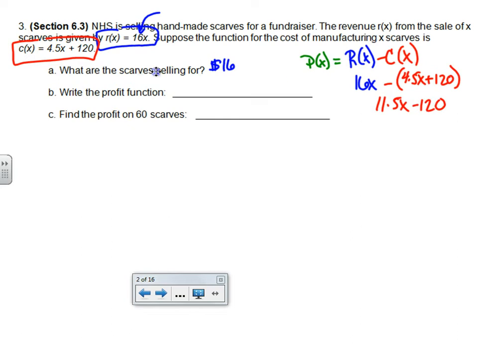So my profit function is 11.5 or $11.50 for each scarf minus $120 for setup. Find the profit of creating 60 scarves. I'm just going to put a 60 into this equation, and when I do that on my calculator, I get $570.